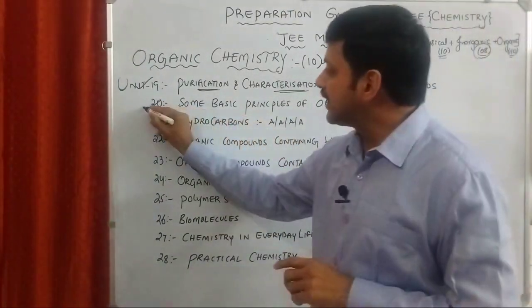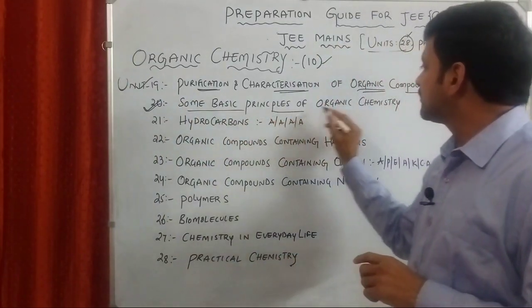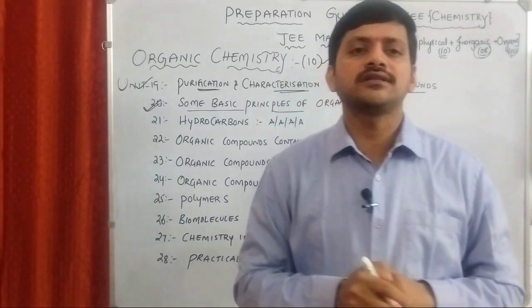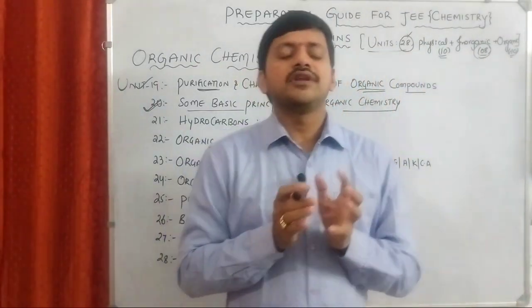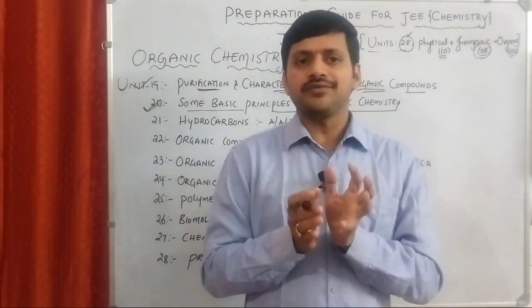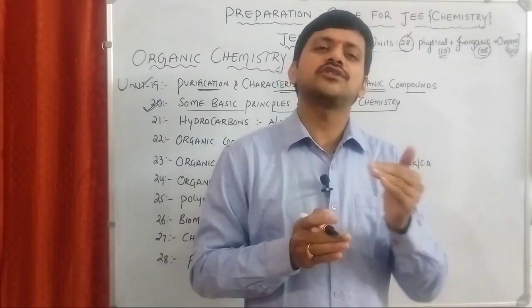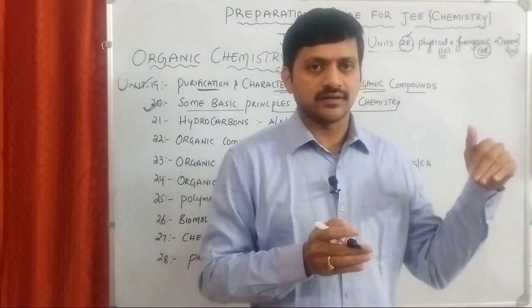Now come to the next unit, some basic principles of organic chemistry. This is a very important unit. Here we need to prepare the things in such a way that we need not depend again on each and every subsequent unit.